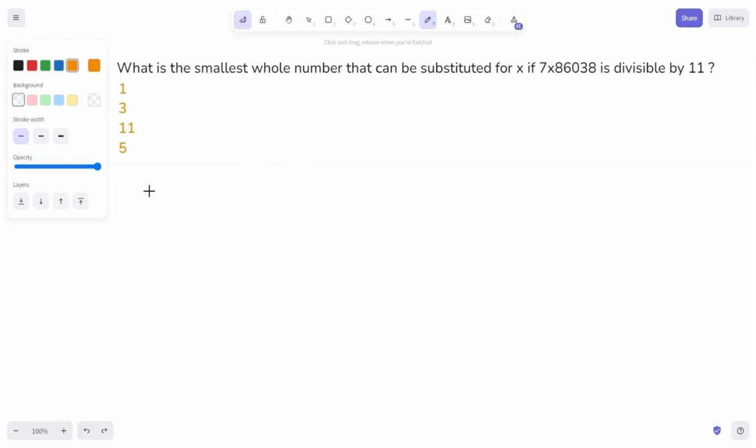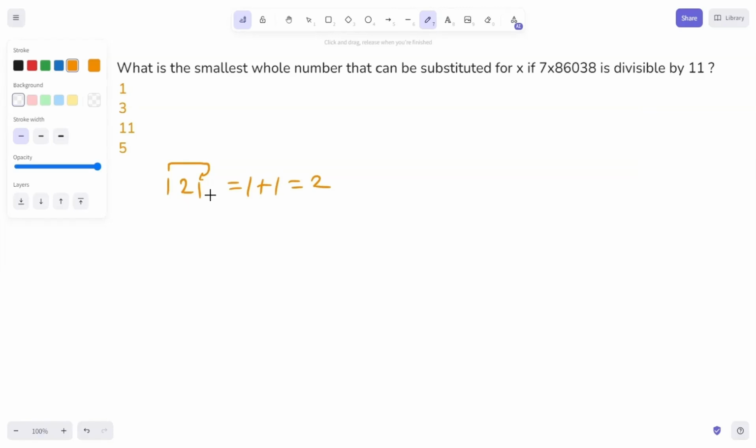So let me tell you the divisibility rule of 11. Let's suppose this is 1 2 1. We will do the sum of the odd place digits and the sum of the even place digits. This is odd place, this is even, this is odd. So 1 plus 1 equals 2, and the even place is also 2.